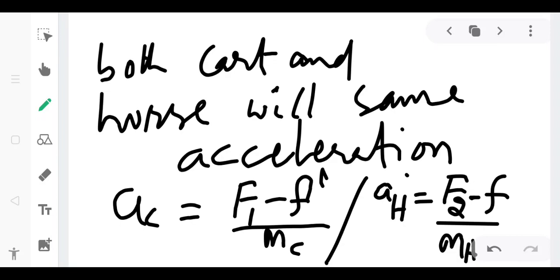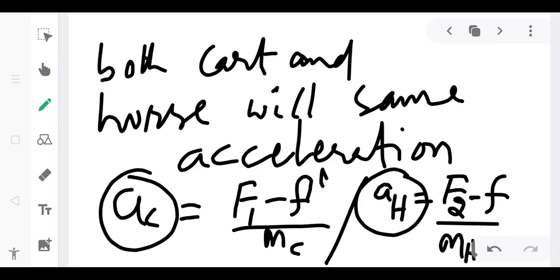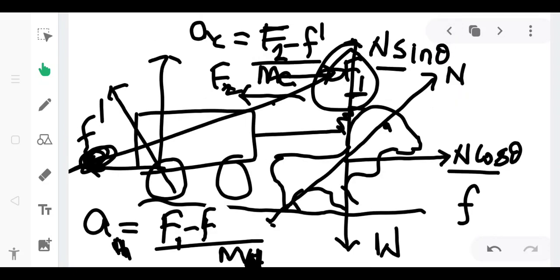Both will be equal. When you are observing the motion of the horse and cart, both will move with the same speed. The horse's acceleration and the cart's acceleration will be the same.